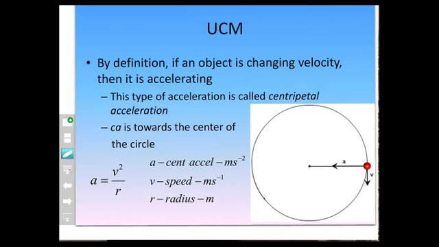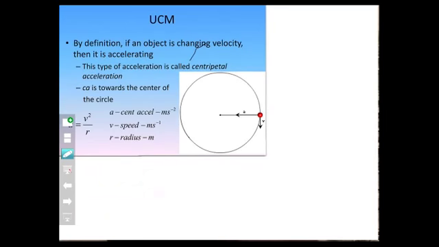This acceleration is given the term centripetal acceleration. And centripetal just means towards the center of the circle. So our centripetal acceleration is towards the center of our circle. You can see in our diagram here that the acceleration right here is towards the middle.